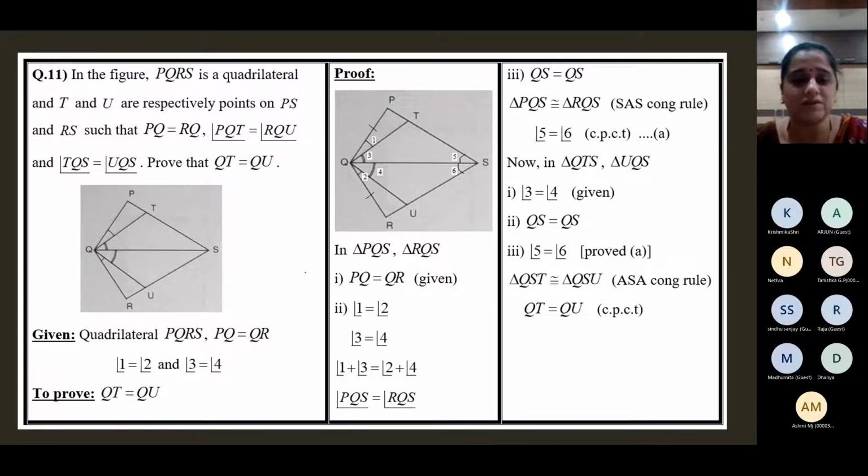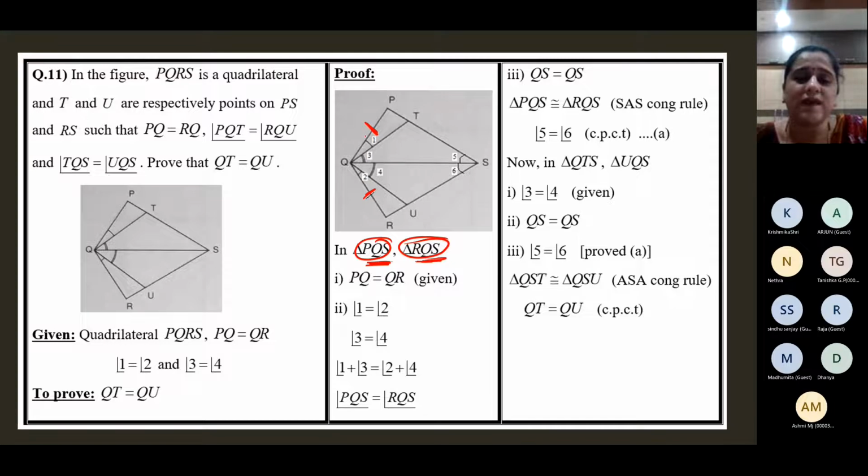So see here, we have taken the triangles PQS and RQS. You can name it in any order. PQS, RQS, the two triangles on either side of the diagonal QS. Now, in these two triangles, PQ is equal to QR, given.